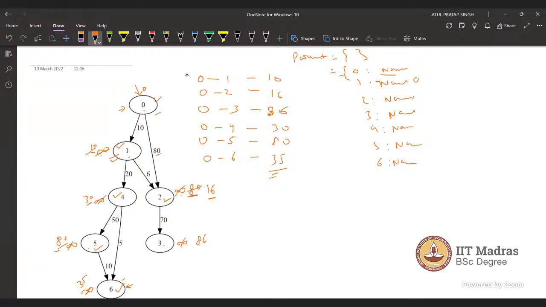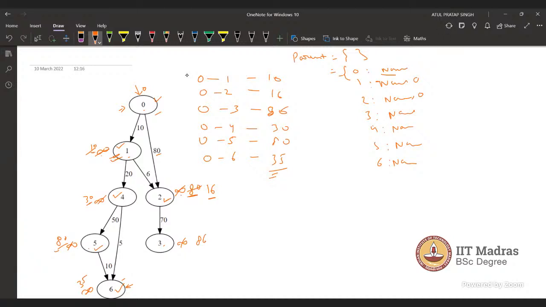Initially it was none. For the other node, initially it was infinity, and we are getting 80 from 0, so we will update this information to 0 here. Same for the second pass. Then we are selecting this one node. After this node, we can move to 4 and 2.